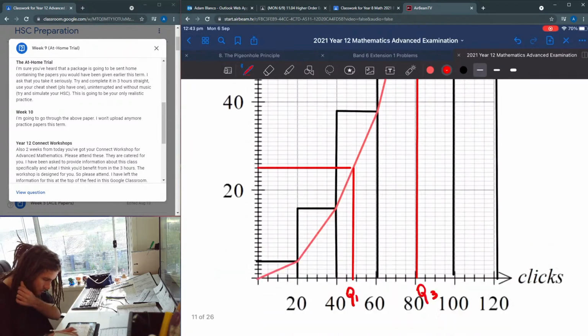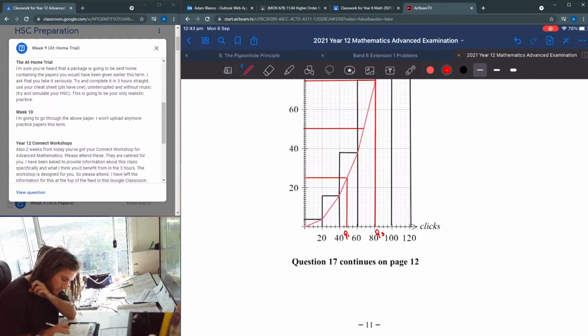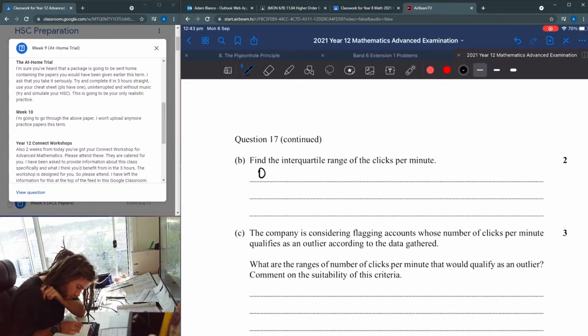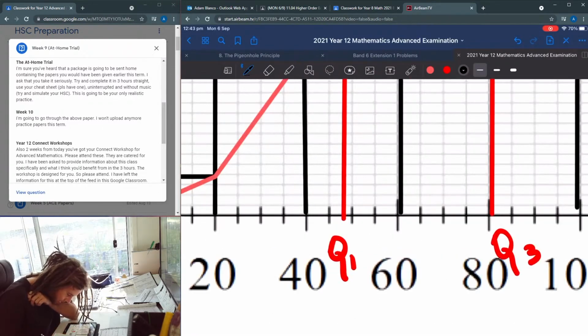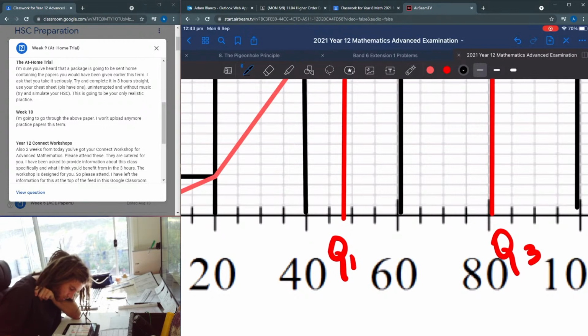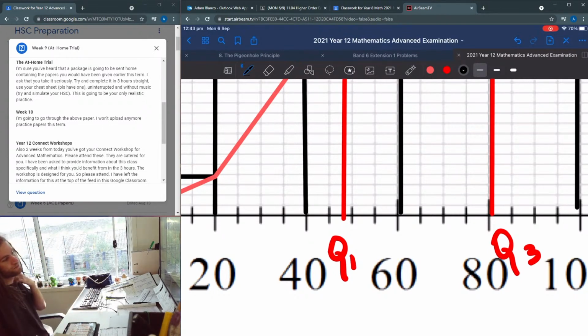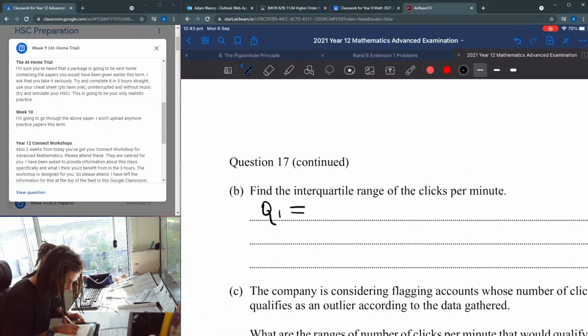And our median is in there somewhere. So Q1 was, what are we calling that? Just shy of 50. Oh, I don't know. Let's just call that 48, shall we? 48.